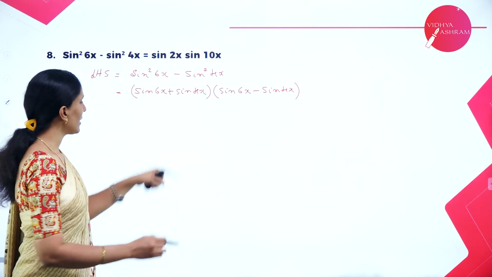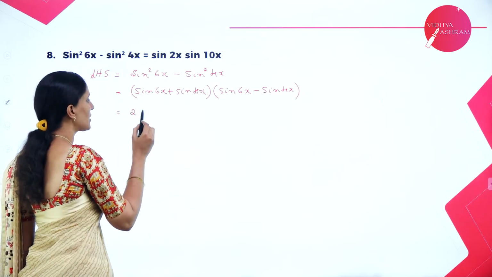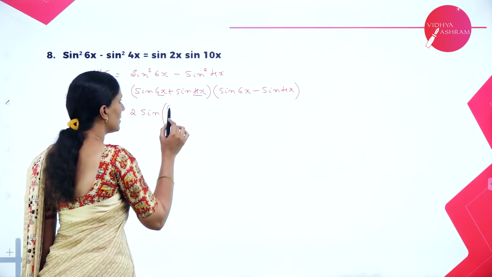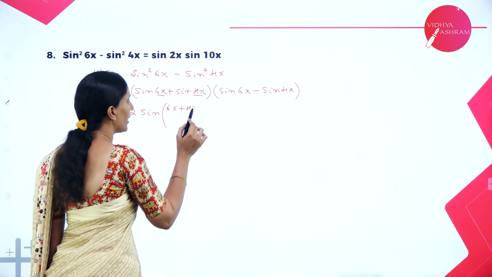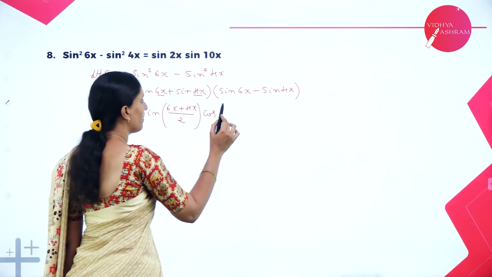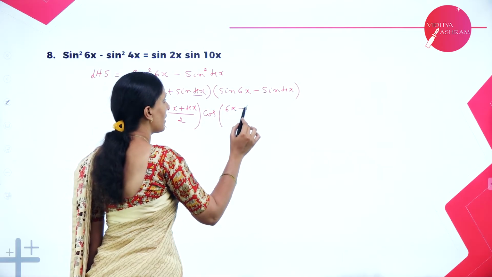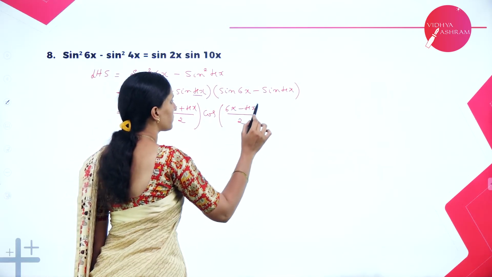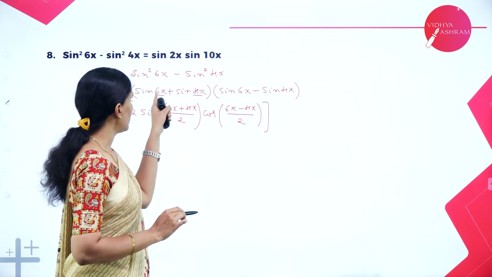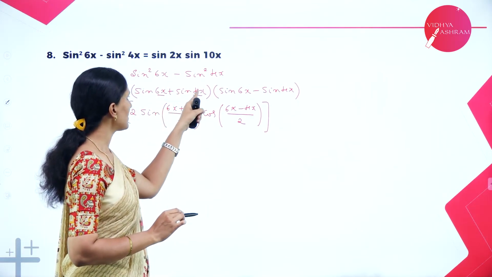We know that sin x plus sin y is 2 sin of x plus y by 2, that is 6x plus 4x by 2, cos of x minus y by 2, that is 6x minus 4x by 2. So this is the first transformation formula, the sin x plus sin y form.